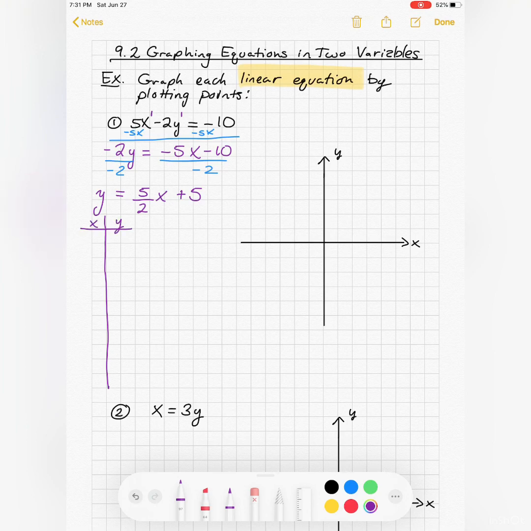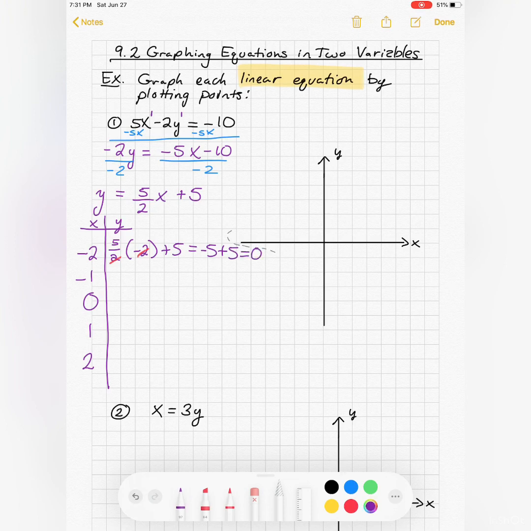So let me maybe plug in, I can start with values, say, between -2 and 2, and then go from there. So let's see, I'm going to have 5/2 times -2 plus 5. So that'll be -5 plus 5, so 0.